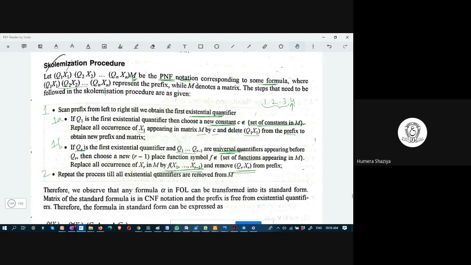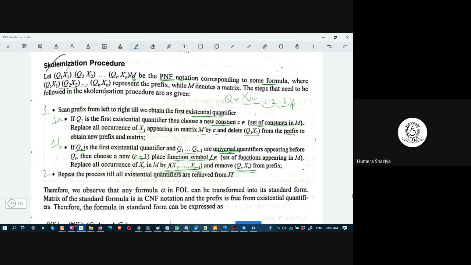Then what has to be chosen? A new r minus 1 place function symbol. One function symbol has to be chosen that does not occur in M. Replace xr, that is, with quantifier Qr there is xr, right?